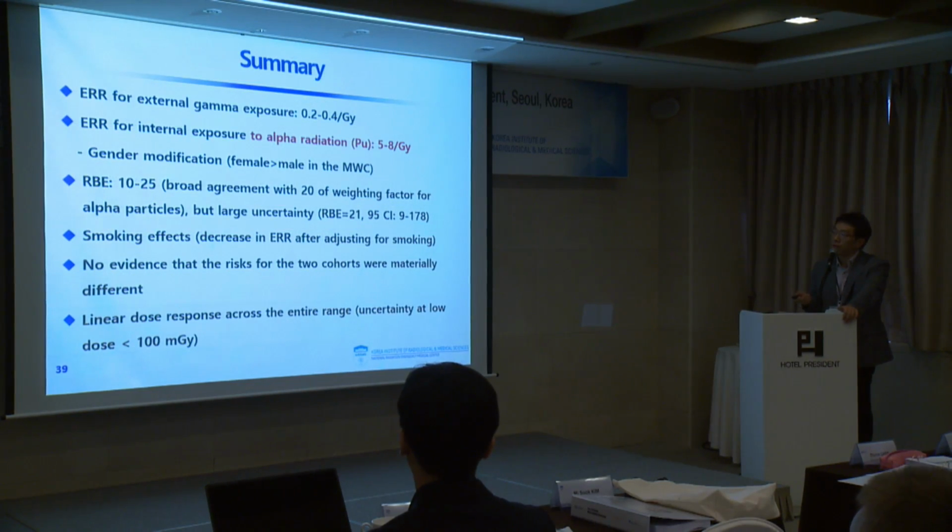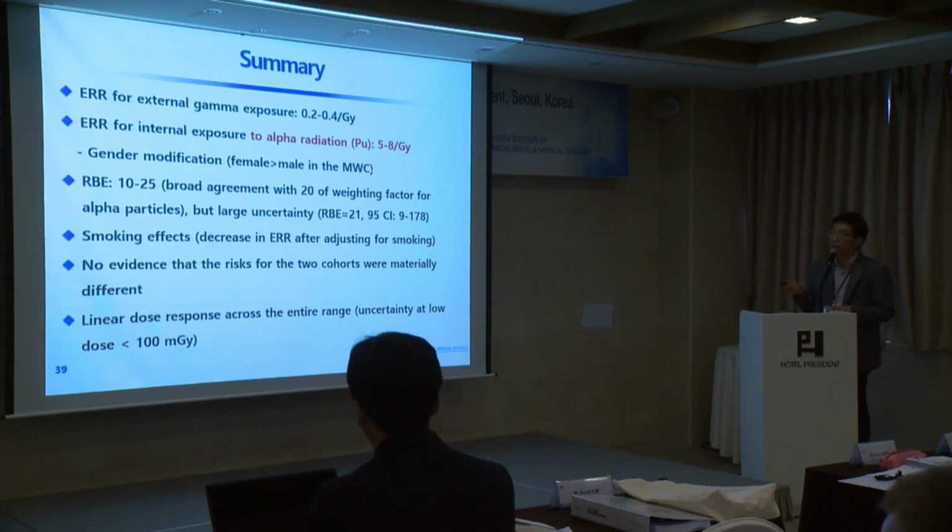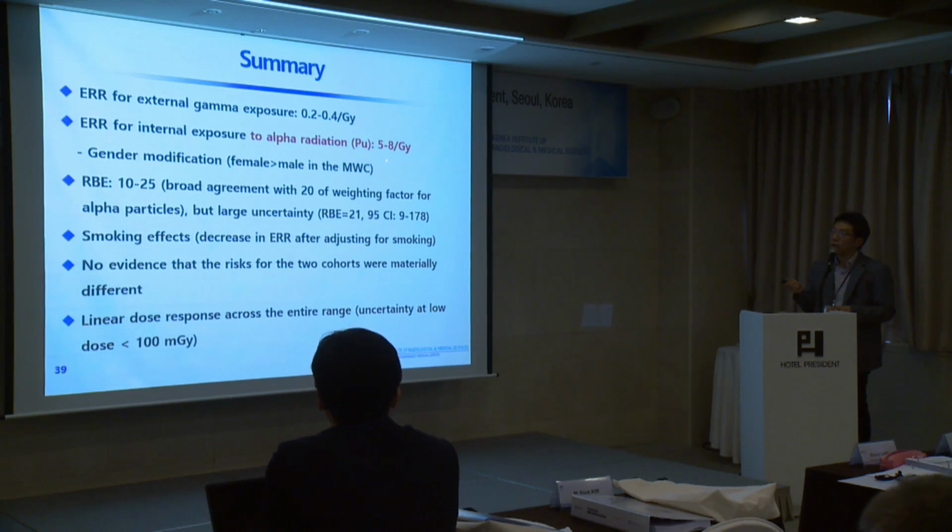So, summary for the plutonium exposure studies. ERR for external gamma rays is 0.2 to 0.4, which is comparable to other studies. And internal exposure to alpha radiation is 5 to 8 relative risk per gray.